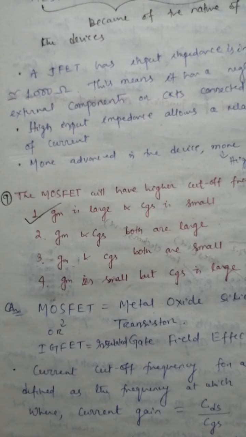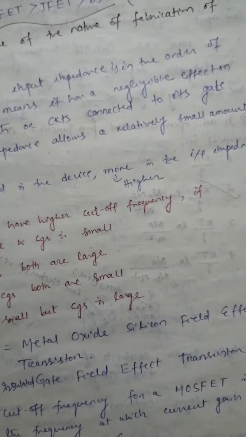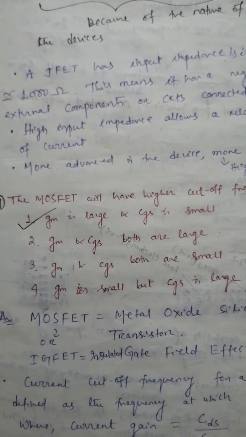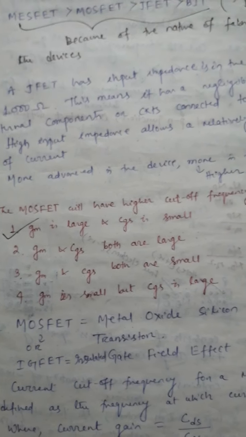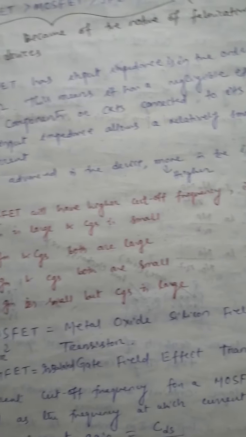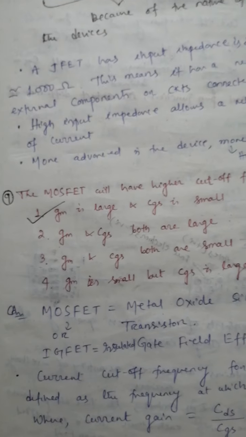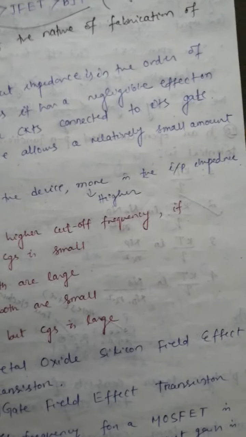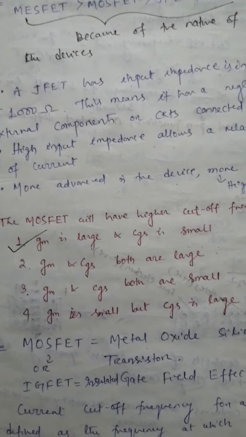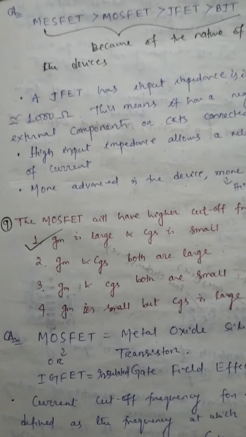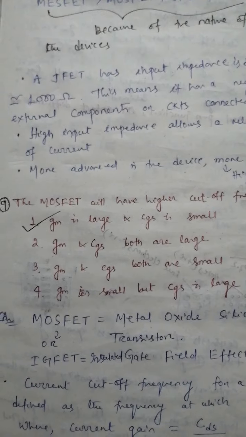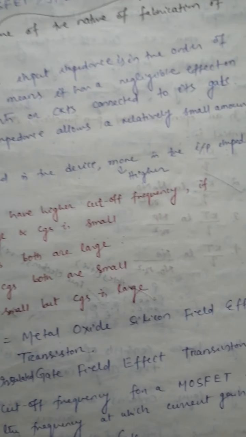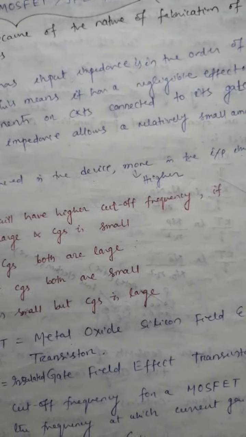A JFET has input impedance in the order of 1000 ohm. This means it has a negligible effect on external components or circuits connected to its gate. High input impedance allows a relatively small amount of current, which is the requirement. The more advanced the device, the higher the input impedance. So this way question number 8 is completed.